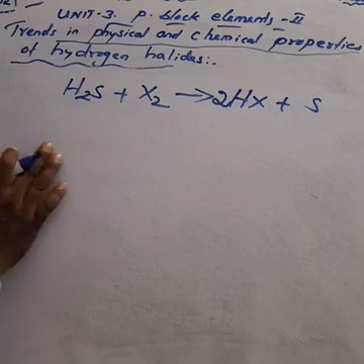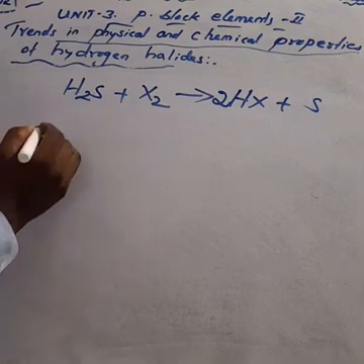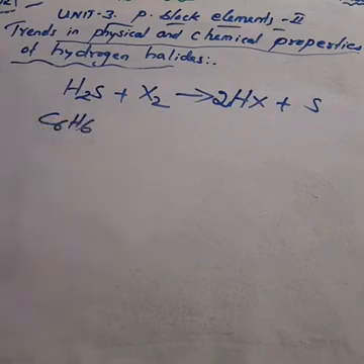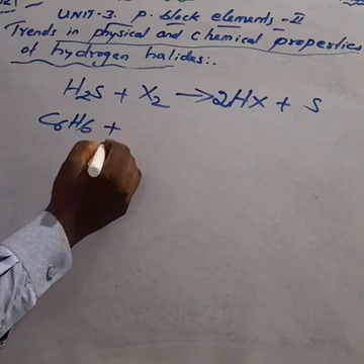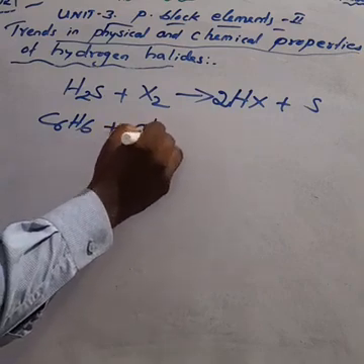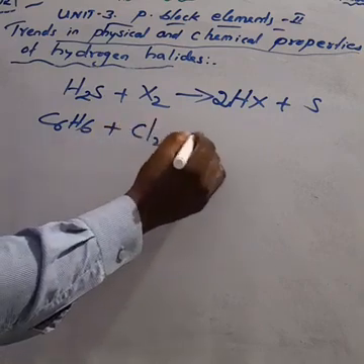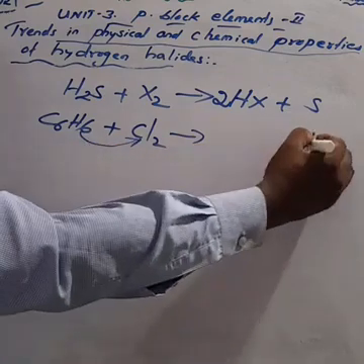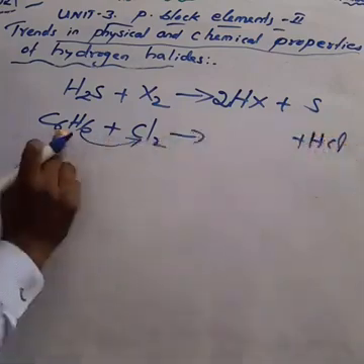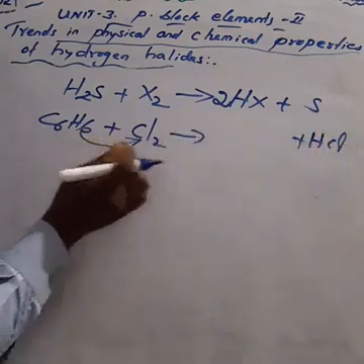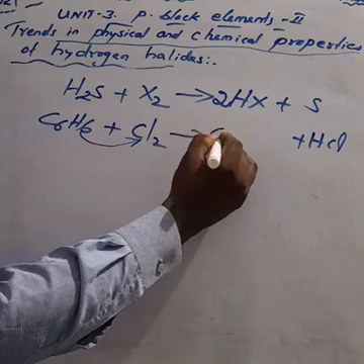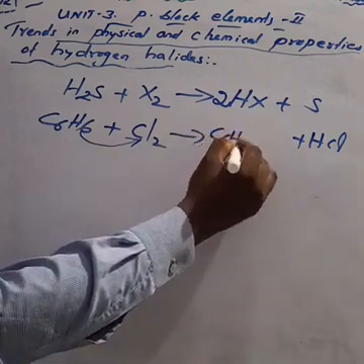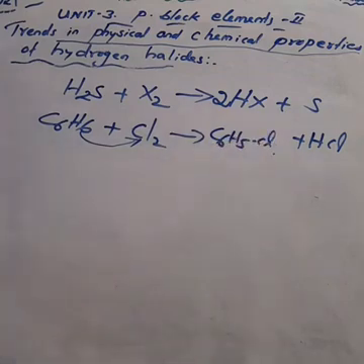I am taking one of the hydrocarbons, benzene. What is the formula? C6H6. Am I right? This reacts with one of the halogens, I am taking Cl2. One of the hydrogens from benzene reacts with Cl to form HCl. So what is the remaining one? This chlorine will be attached to the benzene ring. So we get the product: HCl plus C6H5Cl, chlorobenzene. This is one of the reactions.